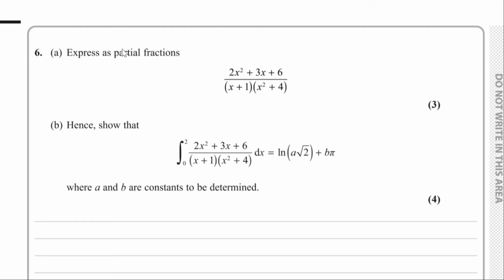Question number 6 for part A, we have to express as partial fractions 2x squared plus 3x plus 6 divided by x plus 1 multiplied by x squared plus 4.